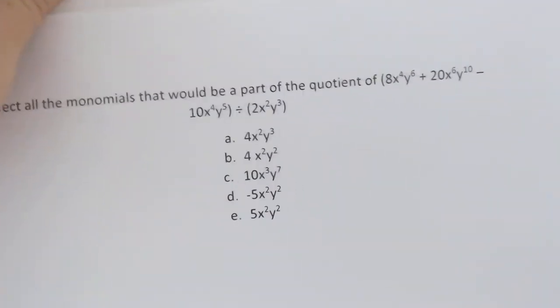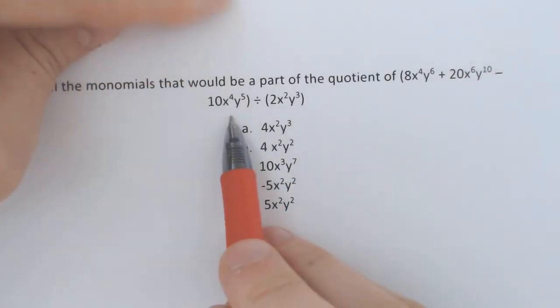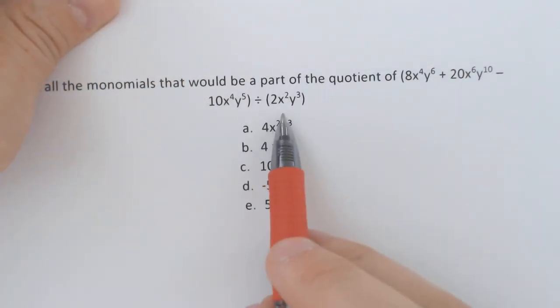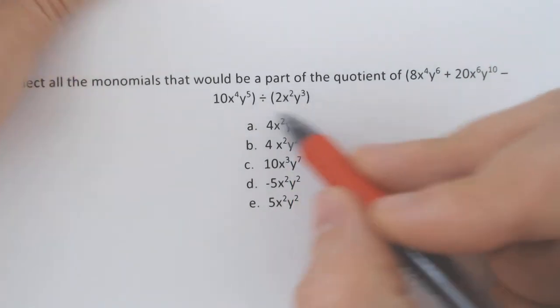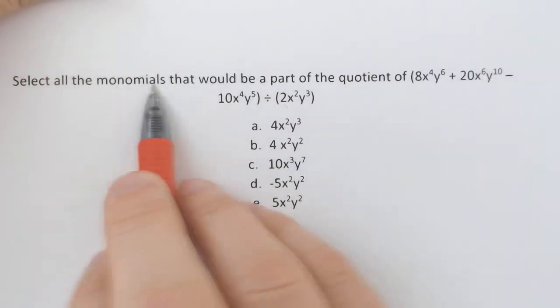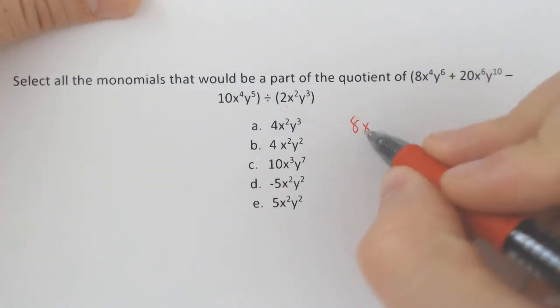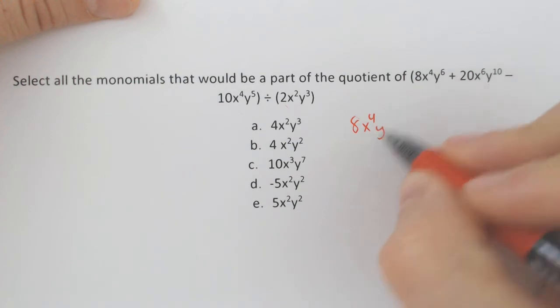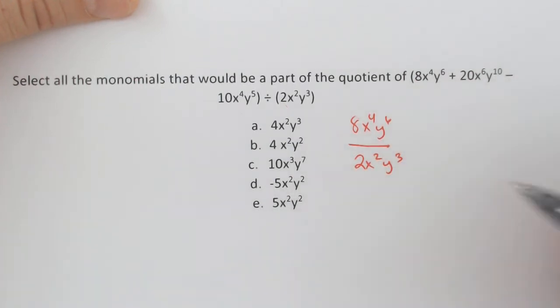Oh, this one didn't print very nicely. If we divide this stuff, which goes back over to here, by the 2x squared y to the third, this is not going to be synthetic division because you're dividing by a monomial. You would need to divide everything individually. 8x to the fourth, y to the sixth gets its own 2x squared, y to the third.